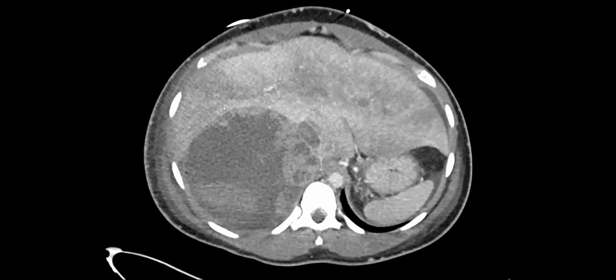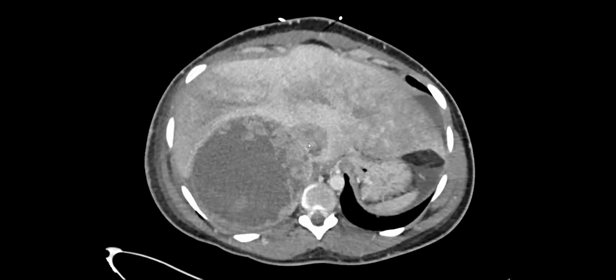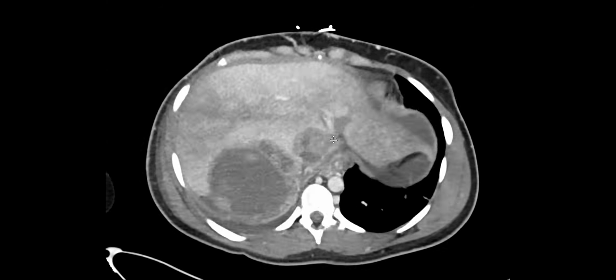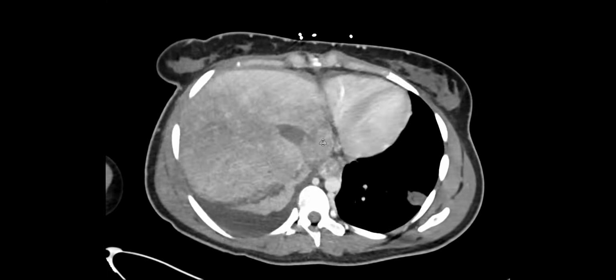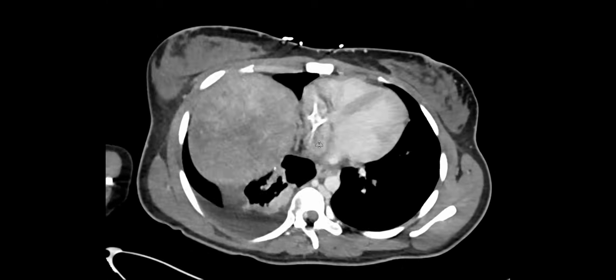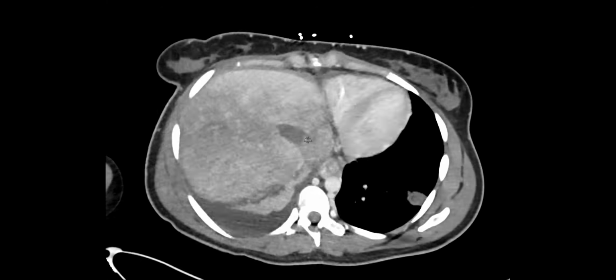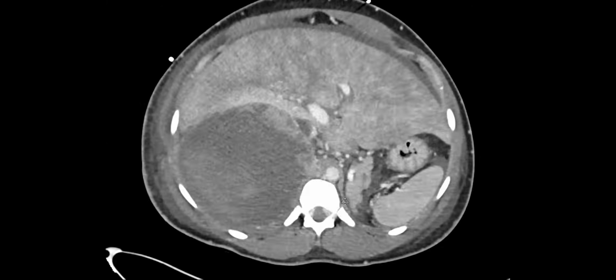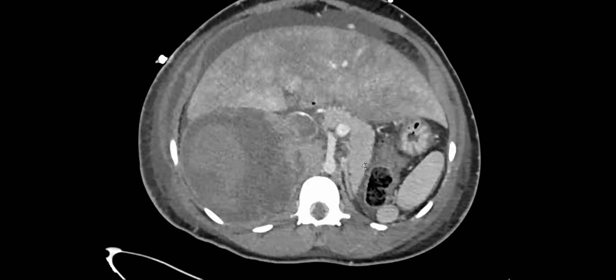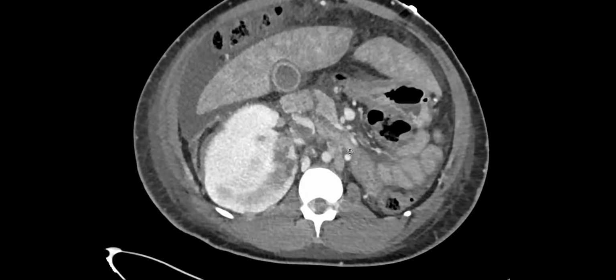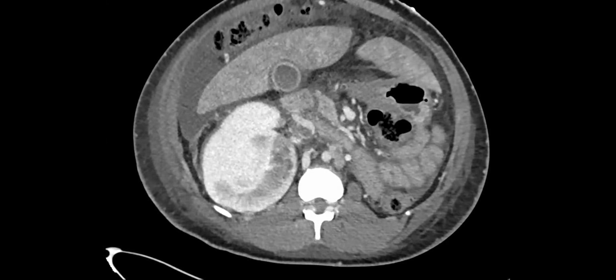So we have a mass, heterogeneous soft tissue, invading the IVC. It's growing all the way up to the heart. There's some bland thrombus in the hepatic vein, and bland thrombus below this level, going into the renal vein also. I'll show you the coronal.